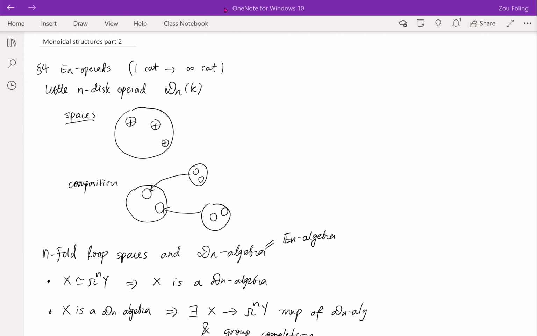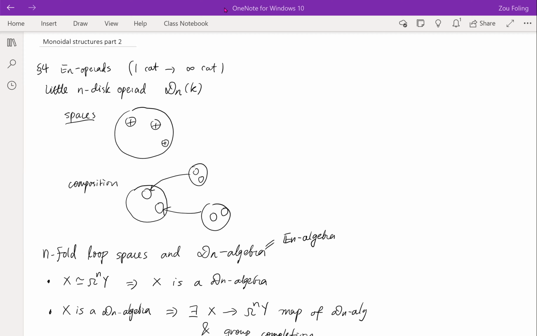So I'm going to start with the one category concept. The little n-disk operad, which are operad in spaces. They consist of spaces, not just sets, at each level. And these spaces are embeddings of little n-disks.